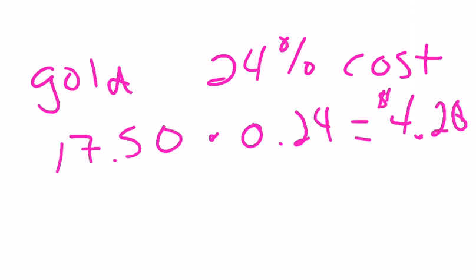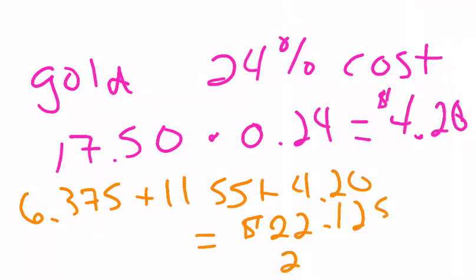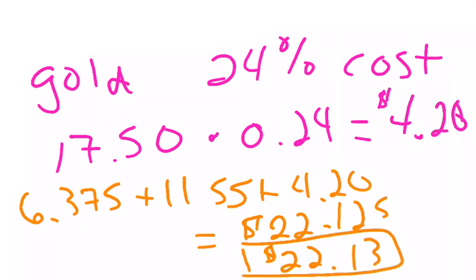We would have to add those all up: 6.375 plus the 11.55 plus the 4.20. If this person actually had to pay customs, that comes to $22.125, or $22.13, is what this person would owe customs.